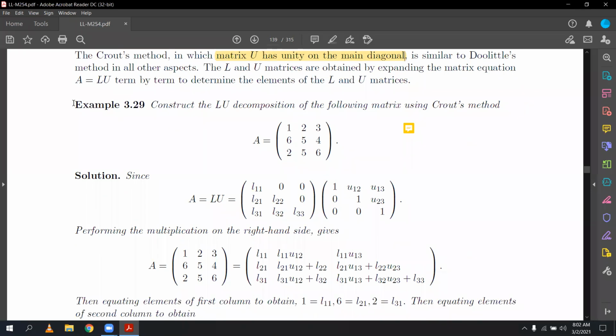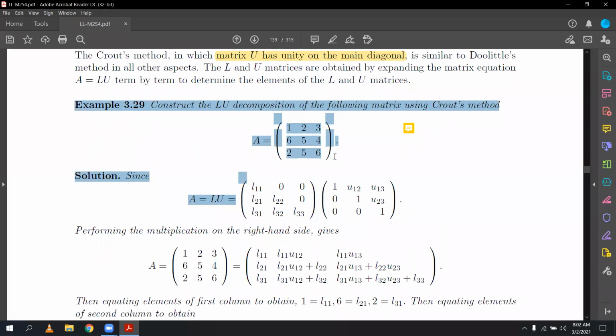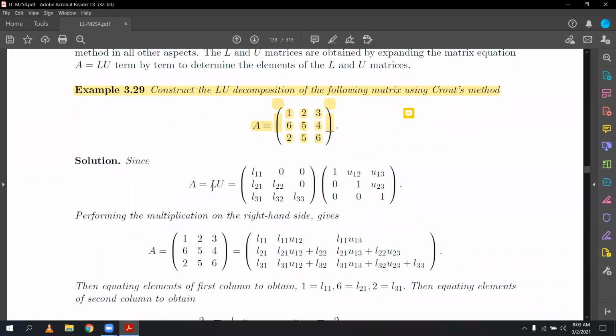For example, I give this example and I say find the LU decomposition of A only, no solution. So what you have to do? You know what L is. In this case, in the Crout method, the shape of L is this one. 6 unknown elements we have to find out.